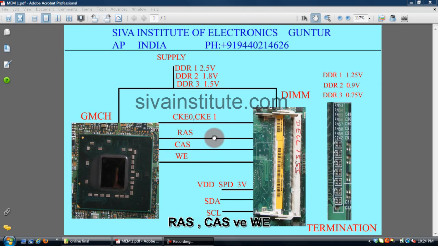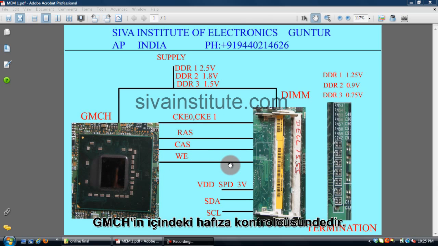RAS, row address strobe, column address strobe, write: these pins have some voltage, 1 to 1.5 volts. If there is no voltage at these points, you should check the GMCH. There is a memory controller fault in the GMCH.